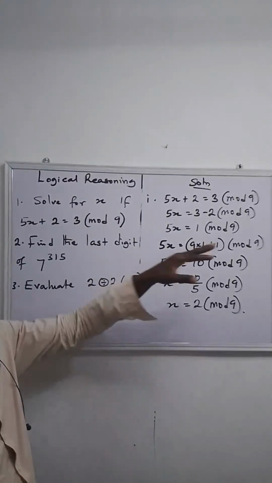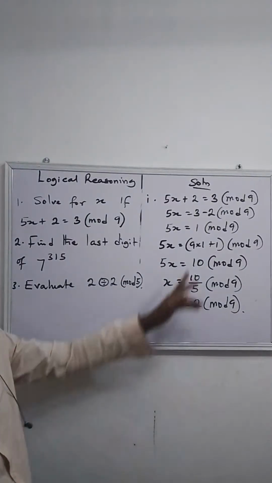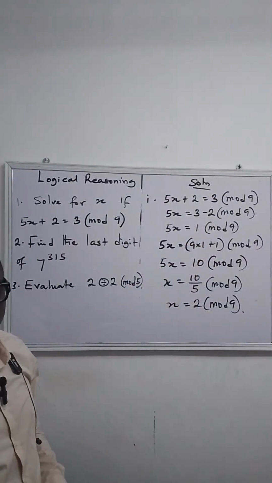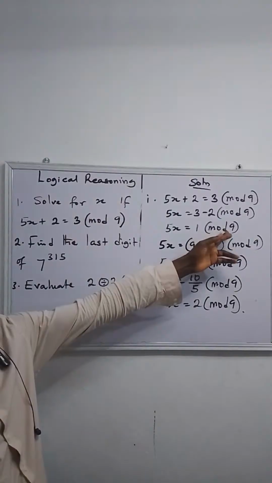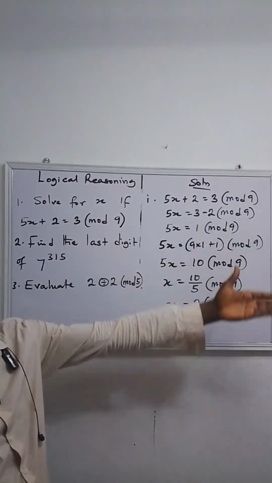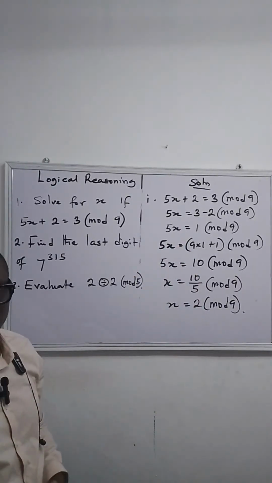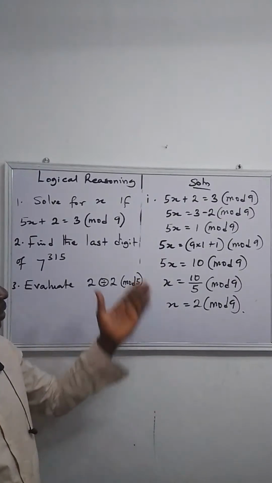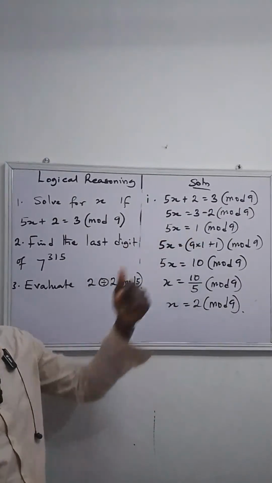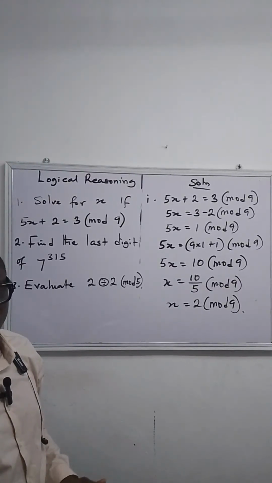If you add 4 nines, that is 36, plus 1 is 37, not divisible by 5. So you continue until you add 9 nines to 1, you have 100, and 100 is divisible by 5. So how many 5s are you going to see in 100? That's going to give you 20.